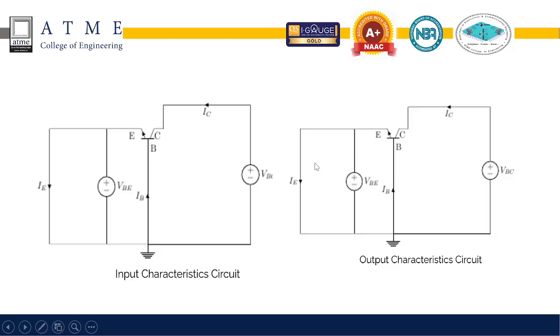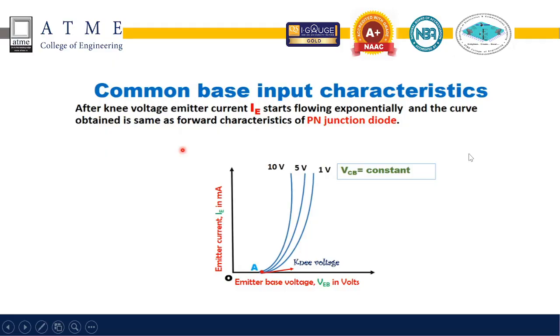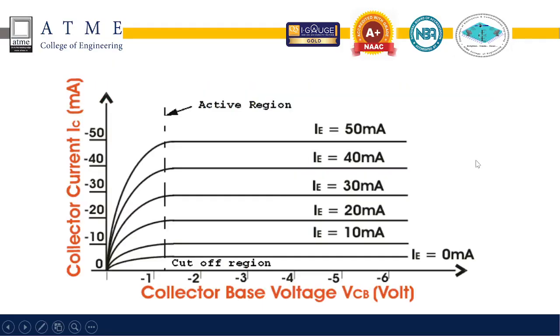So at every level of IE current, we will be getting VCB at different levels and IC currents at different levels. This is the output characteristics which we will be getting for common base configuration.